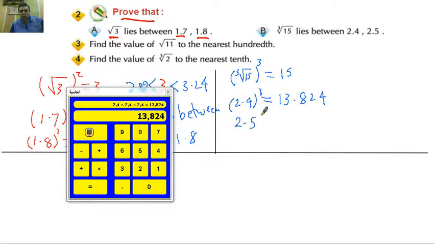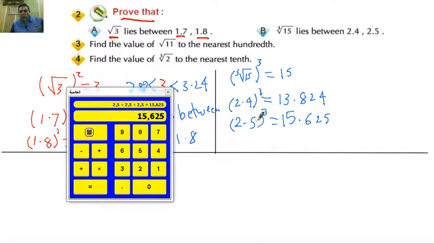2.5 to the power 3 means 2.5 multiplied by itself 3 times: 2.5 times 2.5 times 2.5 equals 15.625.